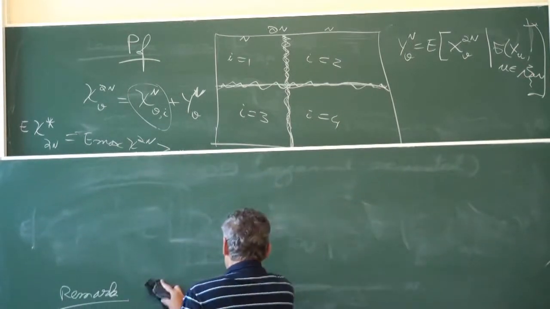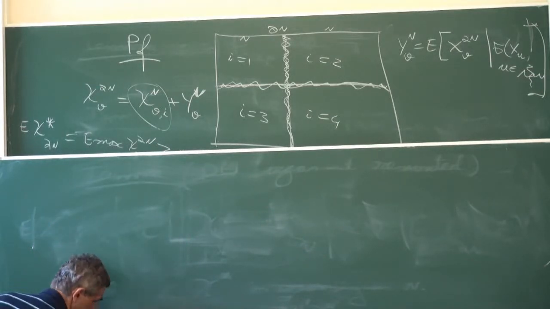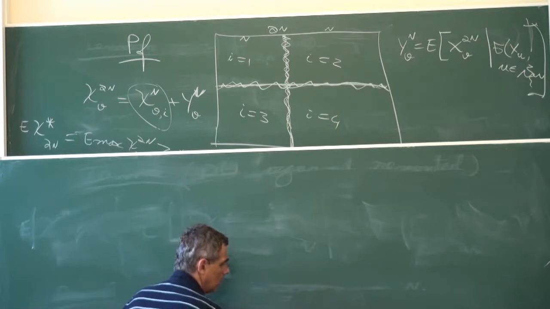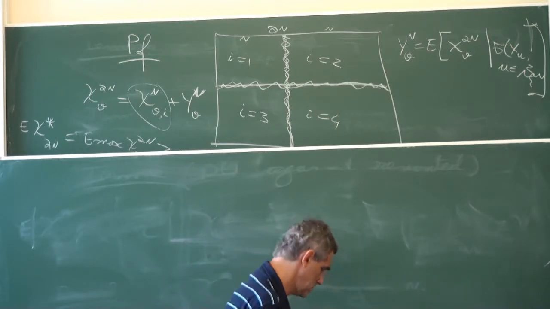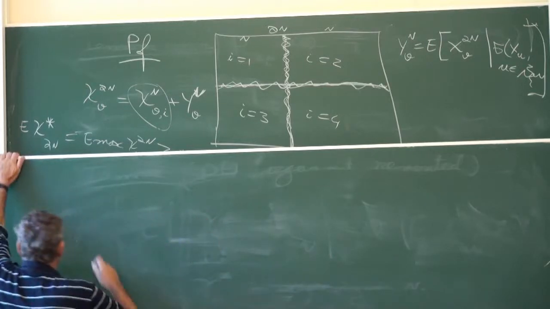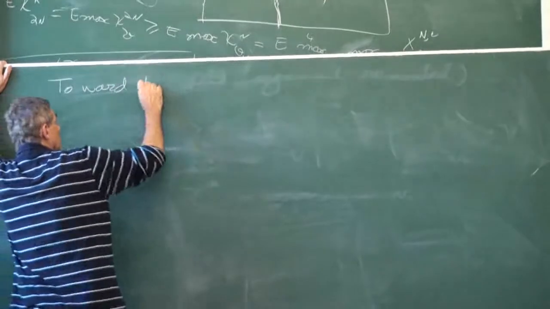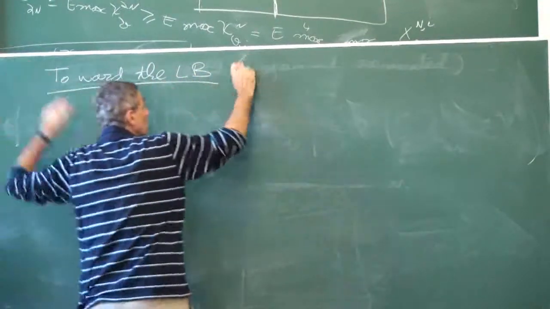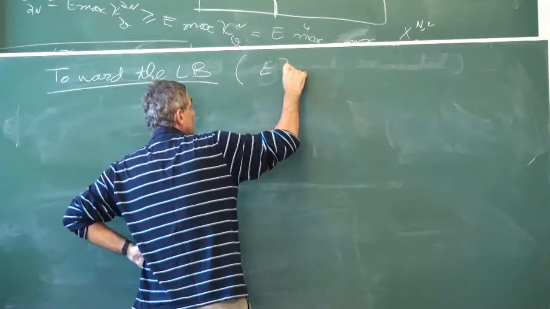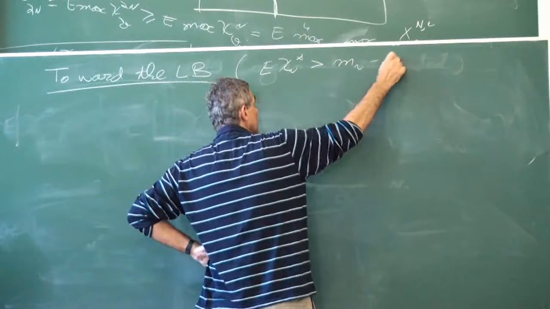So let me do that here. So I should call it towards the lower bound. So the lower bound, I mean the expectation of x n star greater than m n minus a constant.